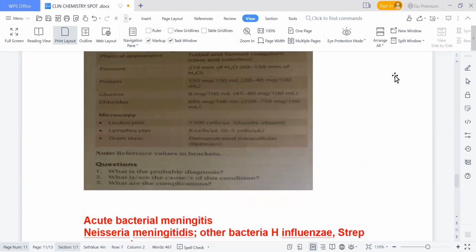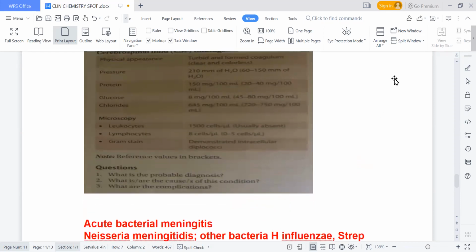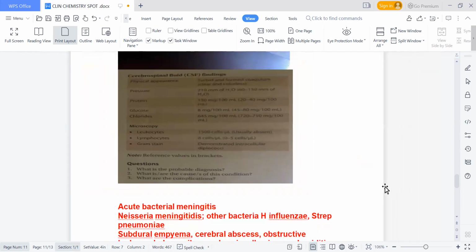So the probable diagnosis would be bacterial meningitis, and we've narrowed it down to Neisseria meningitidis because of the diplococci. Haemophilus influenzae and Streptococcus pneumoniae look different. In bacterial meningitis, it's the leukocytes and specifically neutrophils that are increased, while in viral meningitis, the lymphocytes are increased.